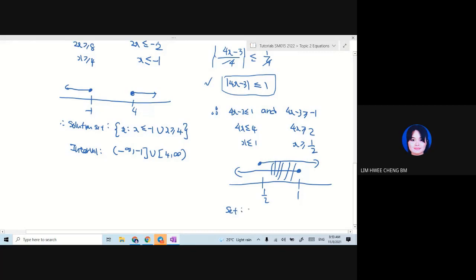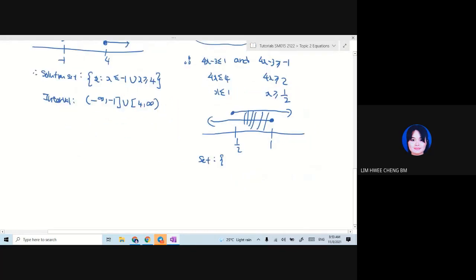So if you want to find the solution set, so you will be 1 over 2, 1, and in the interval form, so we are going to have 1 over 2, 1 as well. Okay, can you get it? Yes. Okay, very good.